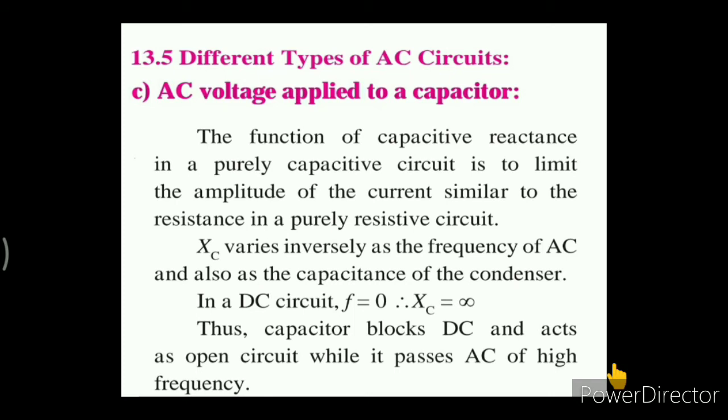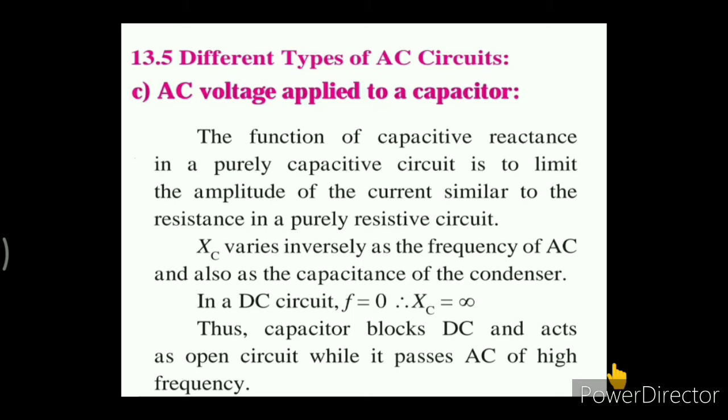And when we are talking about the DC circuit, as the frequency is 0, the capacitive reactance Xc would become infinity, as Xc is equal to 1 upon 2 pi fc and the value of f is 0. So 1 upon 0 is given as infinite value. So the value of Xc in DC we are getting as infinity.